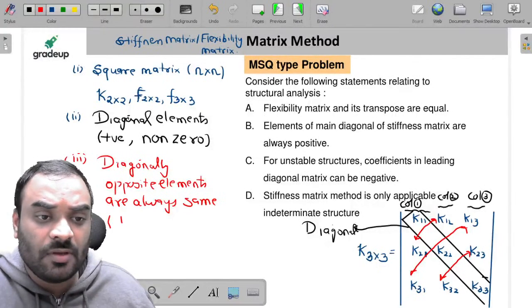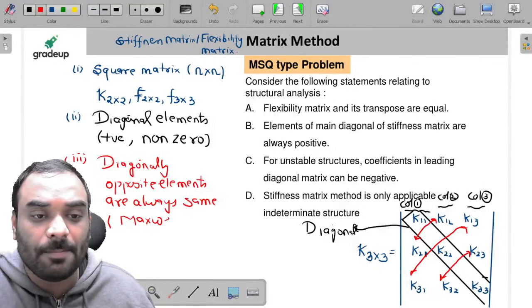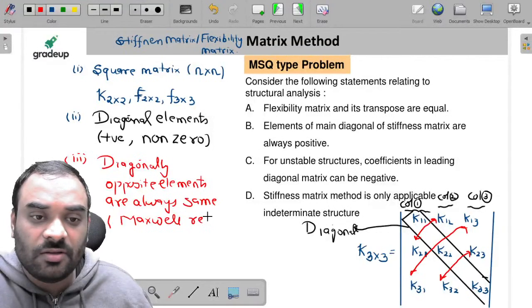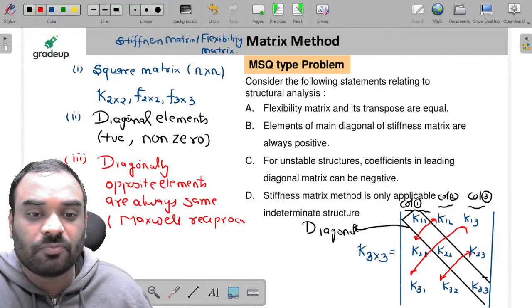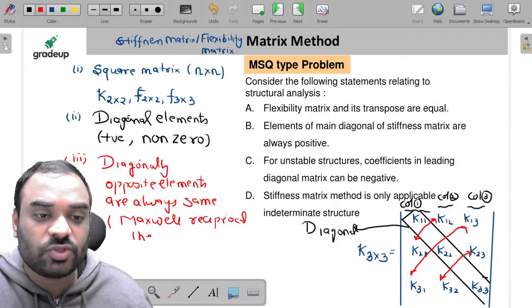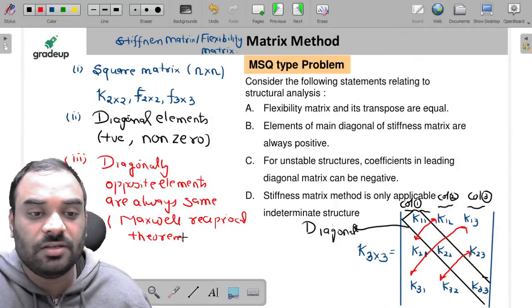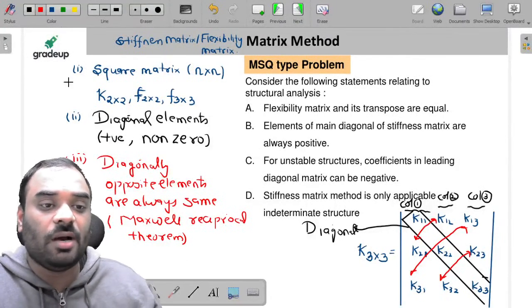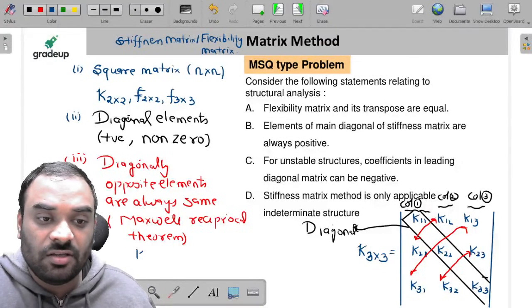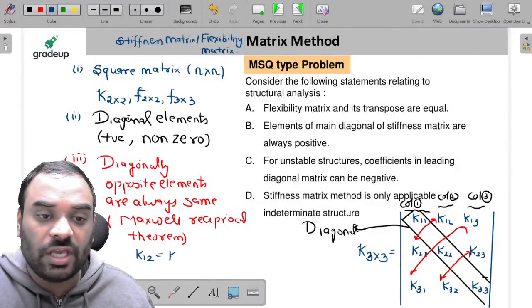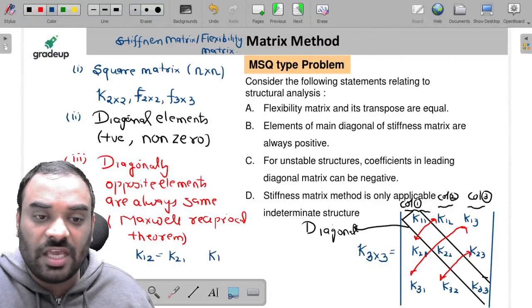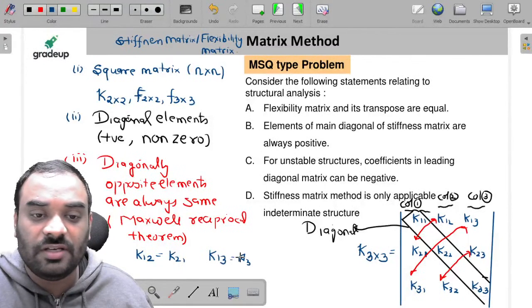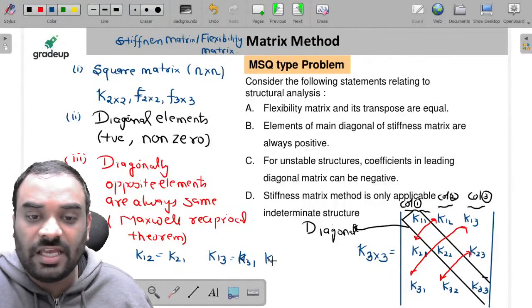Because of Maxwell reciprocal theorem. Because of Maxwell reciprocal theorem, guys, right? Due to which these diagonally opposite elements are always same, like K12 is equal to K21, right? K13 is equal to K31, and K32 is equal to K23.